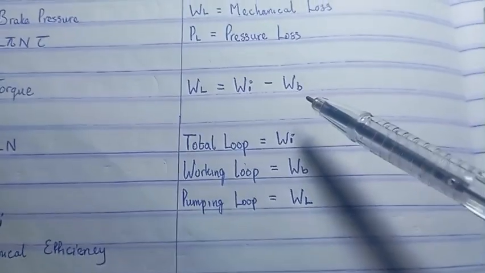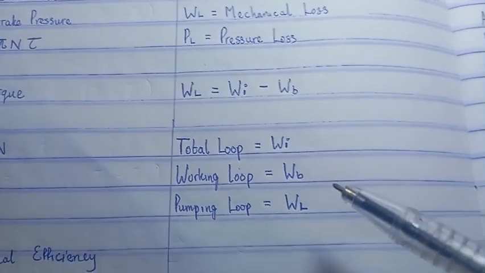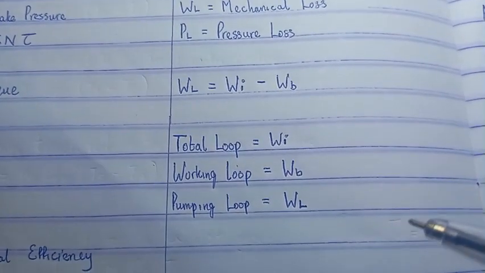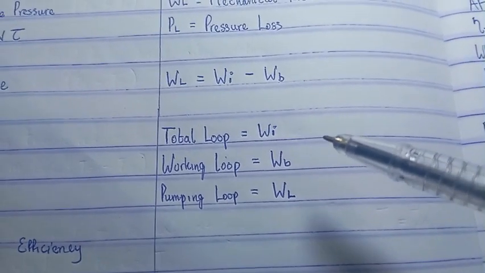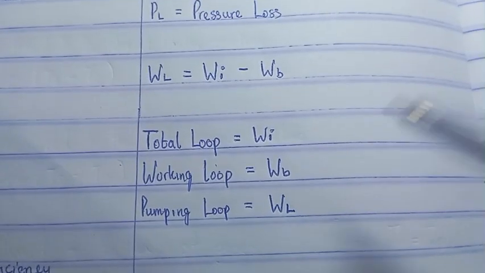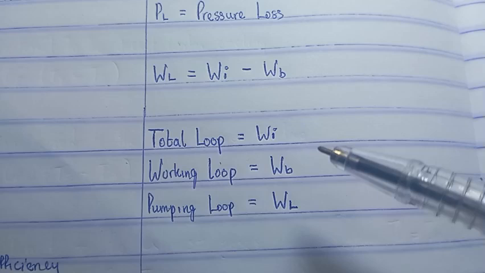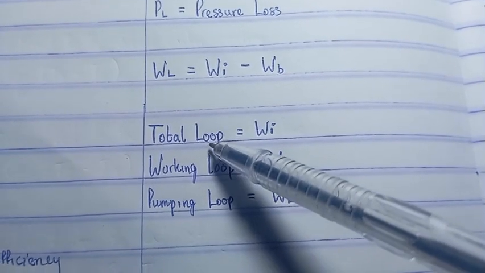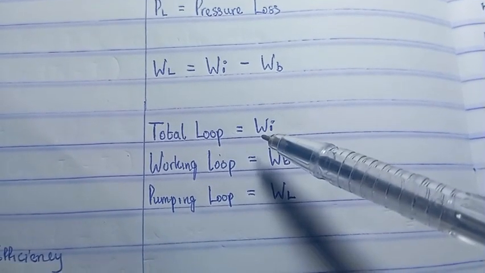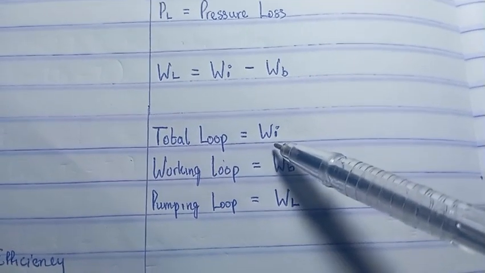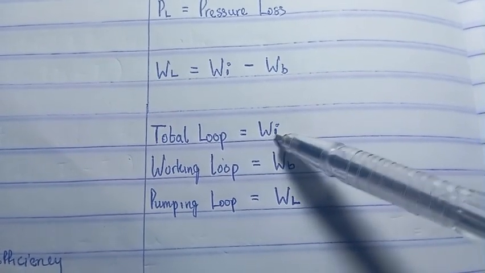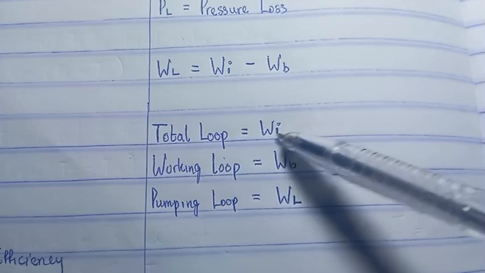Also, in some questions, they will mention things like loops. If you see anything regarding loops, we'll get back to this in one of the solved questions later. Where you see total loop, the pressure or the energy in a total loop, that refers to the loop in the indicated power parameters, indicated pressure.